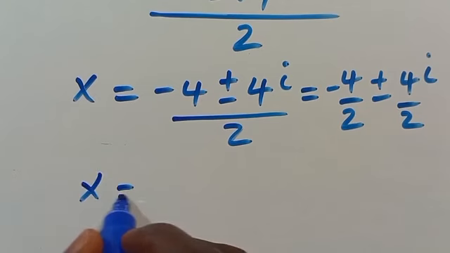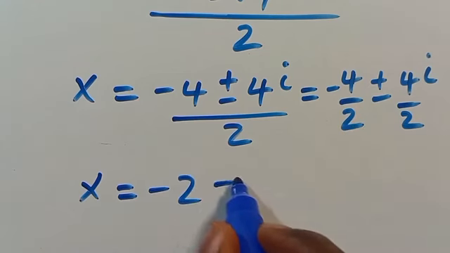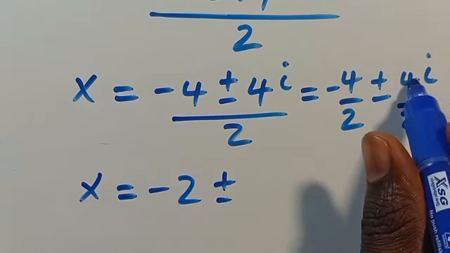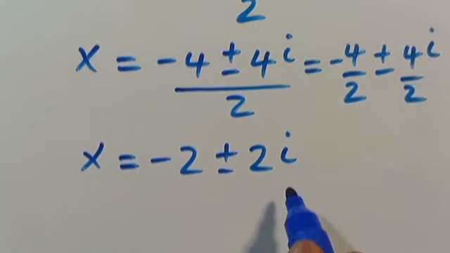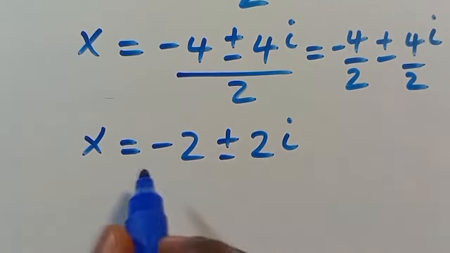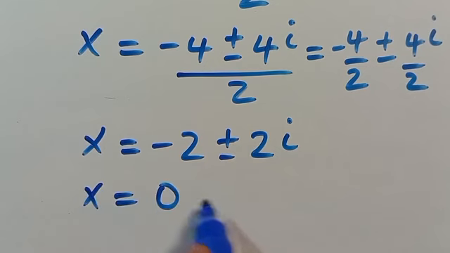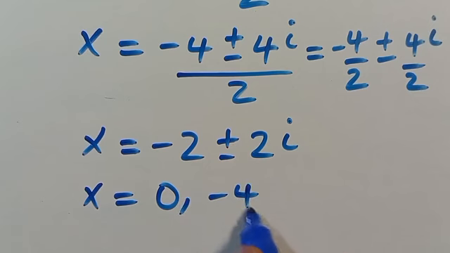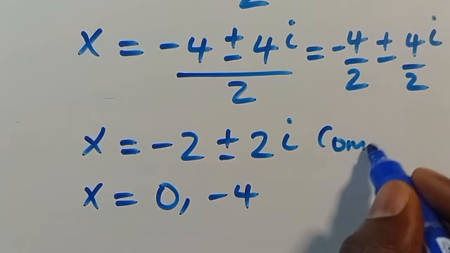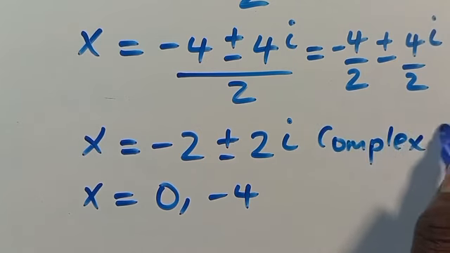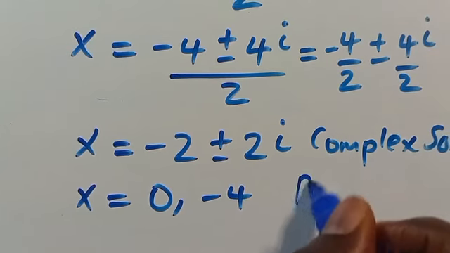So we have x equals minus 4 divided by 2 will give us minus 2, positive or negative, 4 divided by 2 will give us 2i. So this is our complex solution, where the previous solutions are x equals 0 and minus 4. So this is the complex solution. Why these are the what? Real solutions.